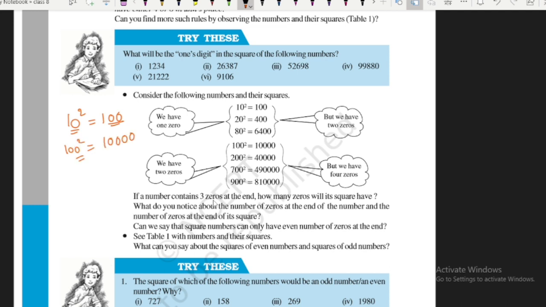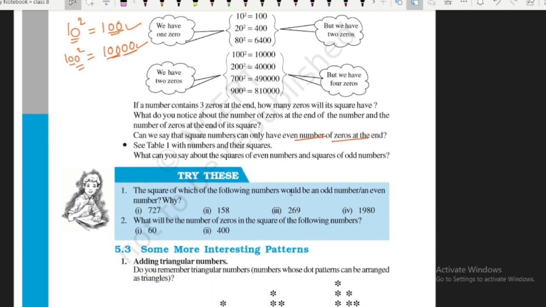For 10 we are getting 2 zeros, right? So the property here is that square numbers always have an even number of zeros. That is the square of 10, the square of 100. Like that we can find other numbers also.